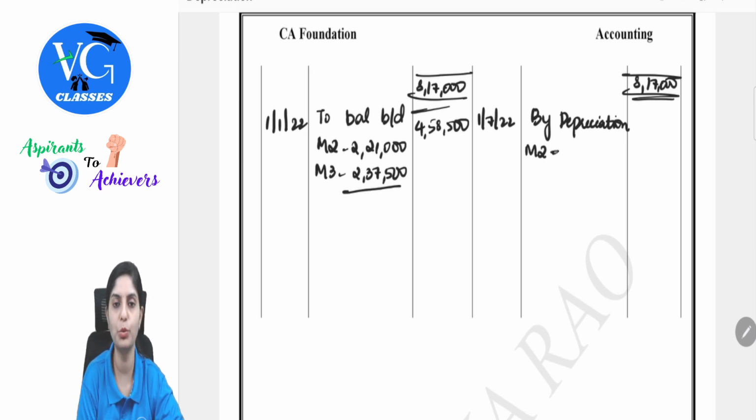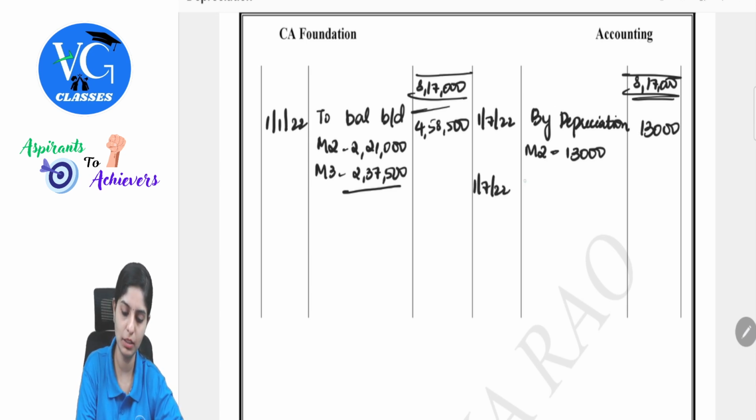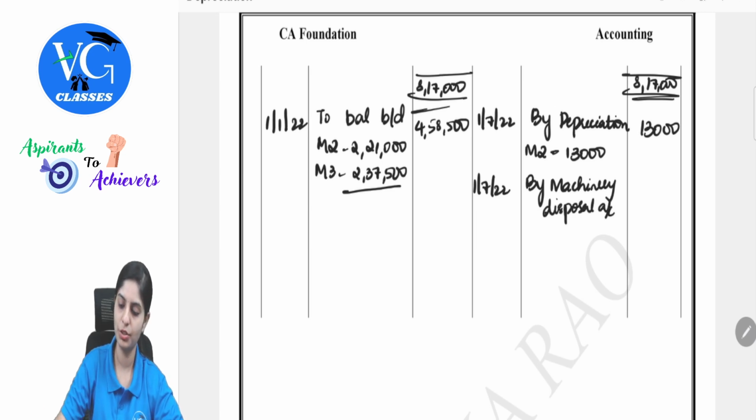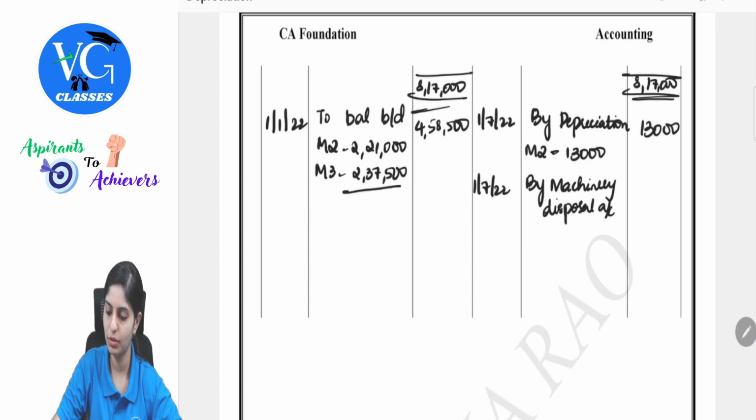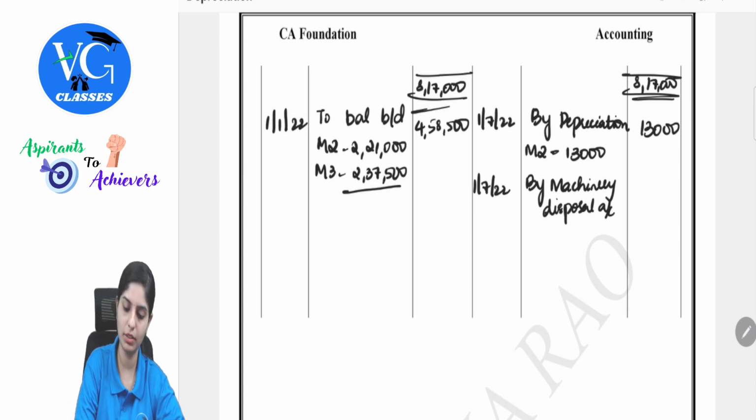See, it was 2,60,000 and that 10% was 26,000. Since it is the middle of the year, depreciation will be 13,000. Remember, there is machinery disposal account, so I will transfer the balance to machinery disposal. By machinery disposal account, how much? 2,21,000 minus 13,000, that is 2,08,000.